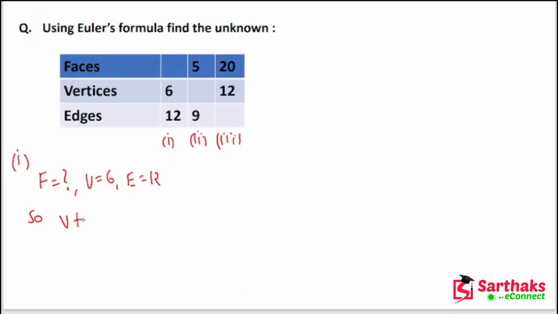So v plus f is equal to e plus 2 implies that 6 plus f is equal to 12 plus 2.